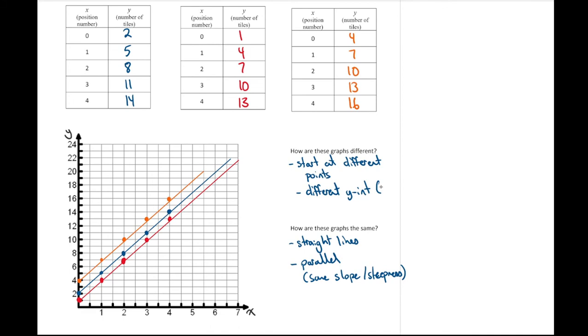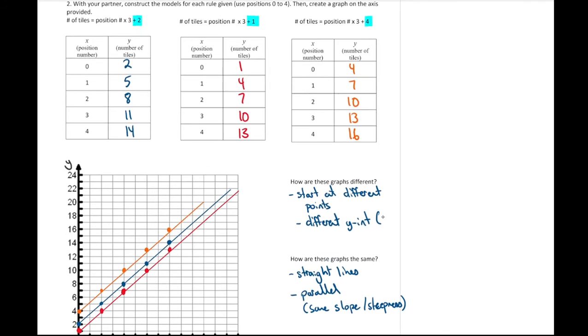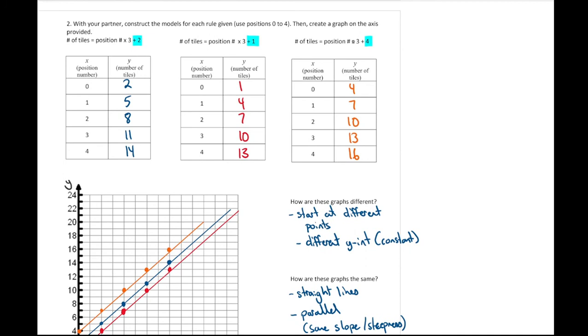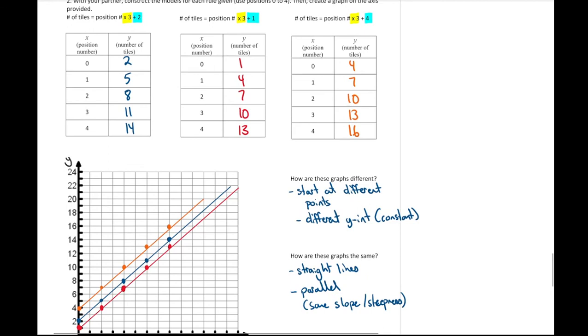Or in other words, we also know that last number to be a constant. So they start at different points, which means they have different y-intercepts or constants. If they have the same multiplier, it means they have the same slope or steepness, which we could call parallel.